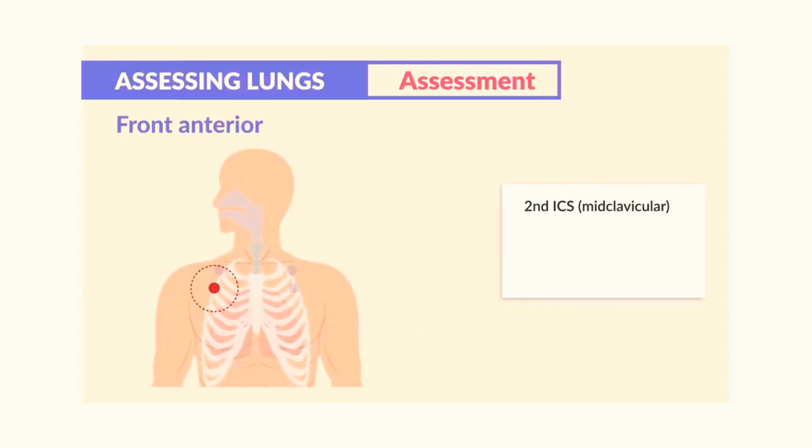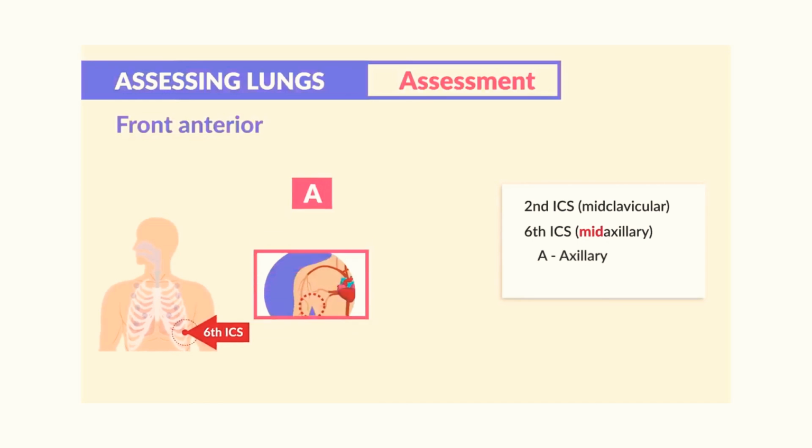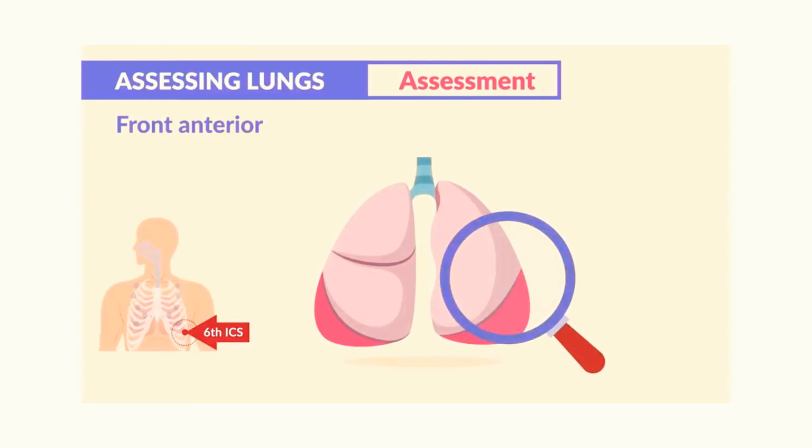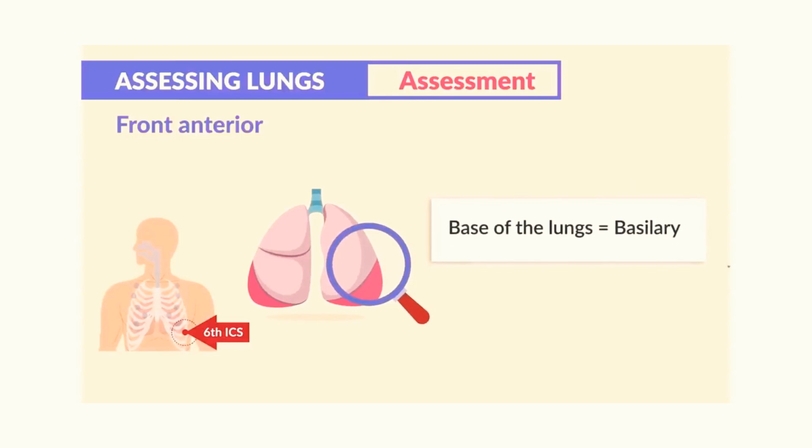And then so on and so forth, down to the third intercostal space, compare all the way down to the sixth ICS, mid-axillary. So just think mid-axillary is middle of the armpit. A for axillary, A for armpit. This assesses the lower lobes of the lung, also called the bases of the lungs, or the basilarity portions of the lungs.